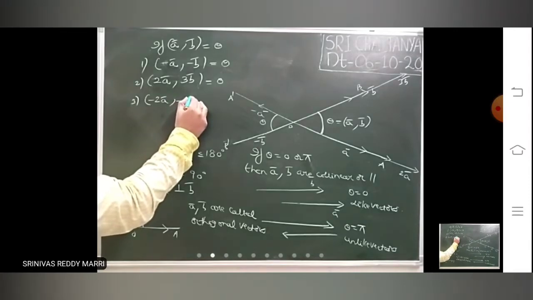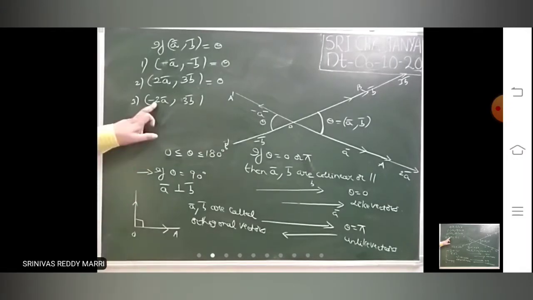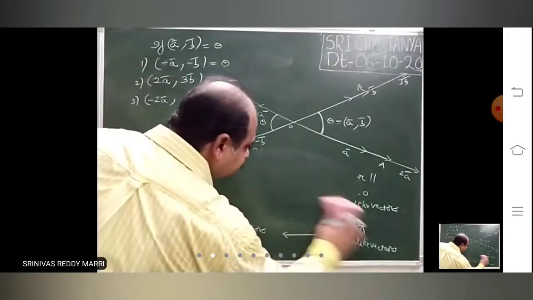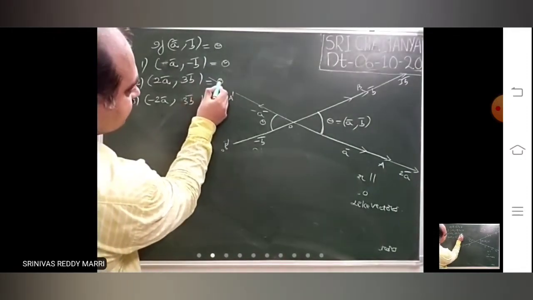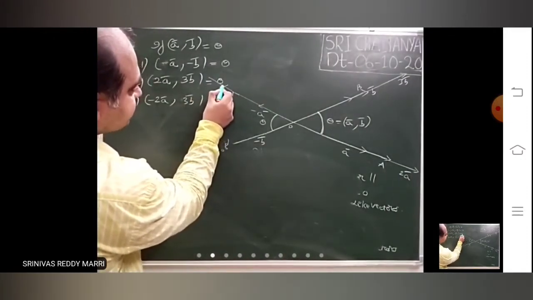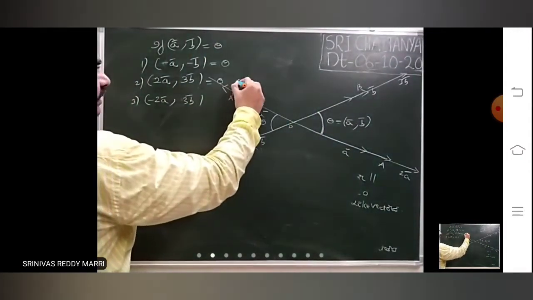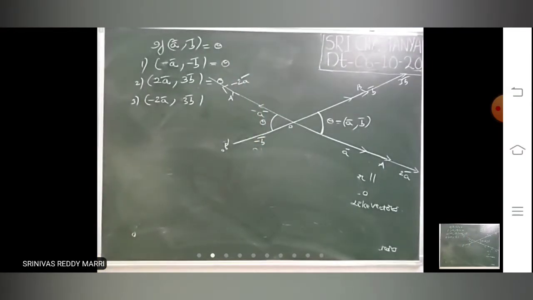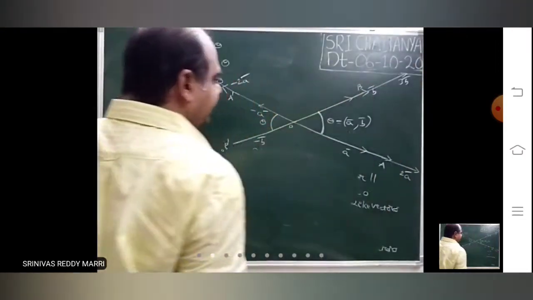Suppose we ask the angle between minus 2a bar comma 3b bar. In which direction will minus 2a bar be? Minus 2a bar will be in the opposite direction to that of a bar, in this direction, and 3b bar will be in this direction.